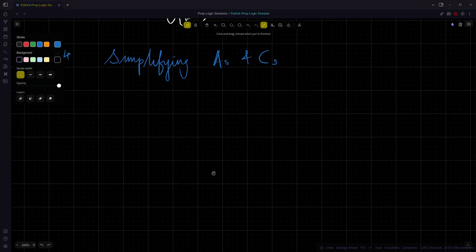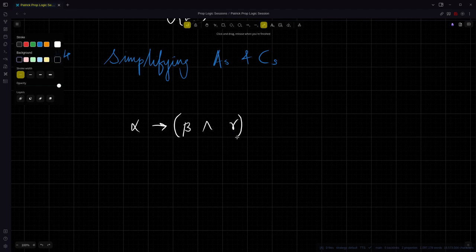Okay, so the first one is alpha implies beta and gamma. Alpha implies beta. Is that what, yeah, that's it.